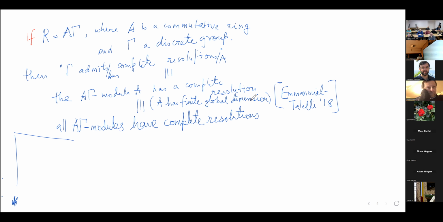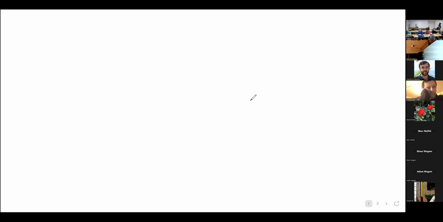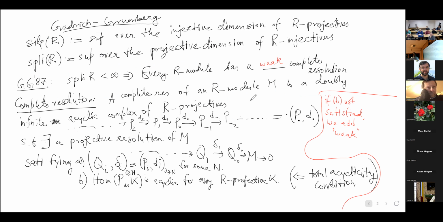Sorry, would you do me a favor, please? I would like to go back to the previous slide or blackboard. Oh, you skipped number 3. You don't like number 3? Number 3 is empty. Maybe I pressed it once. Okay. I would like to see the difference between the definition of this complete resolution for a group and for a ring.